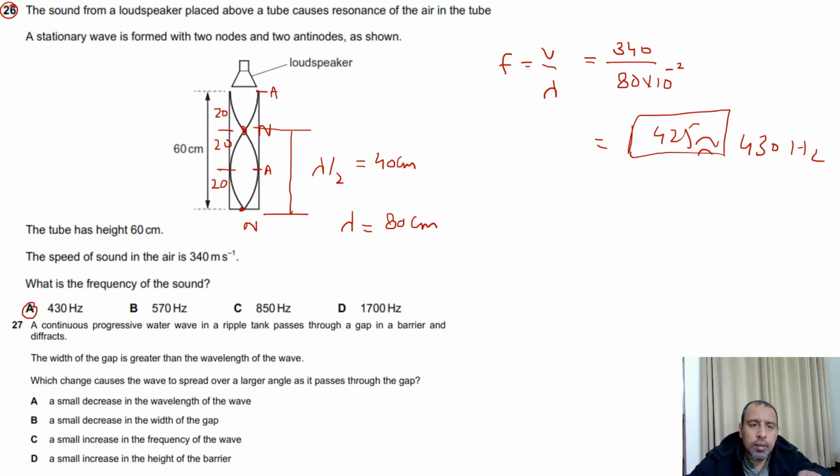Okay, and while moving towards question number, yes, it is 27. A continuous progressive wave in a ripple tank passes through a gap. It means we have some wavefronts like this one, and there is some gap here.